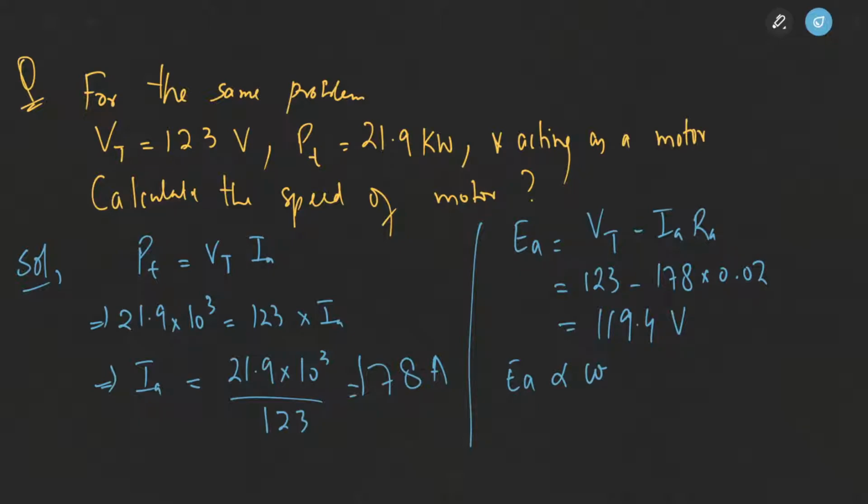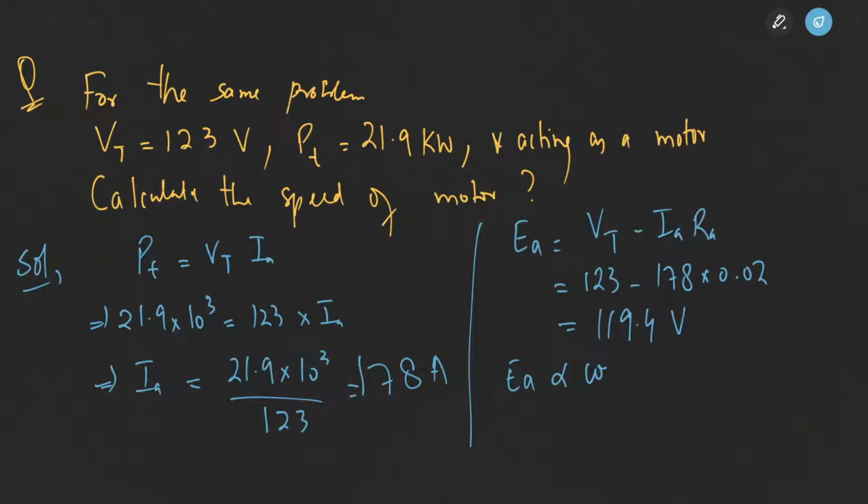At a speed of 3000 rpm, the internal generator voltage was 125 volts. At the present speed, the internal generator voltage is 119.4 volts.